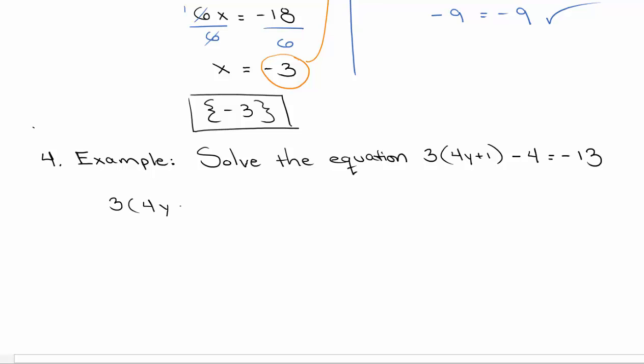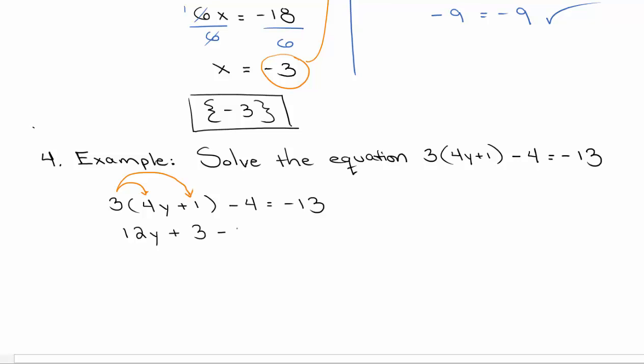First thing we have to do here is we need to use the distributive property in order to remove these parentheses. So I am going to distribute this 3 to both of the terms inside of the parentheses. 3 times 4y is going to give me 12y. 3 times 1 is going to just give me 3.